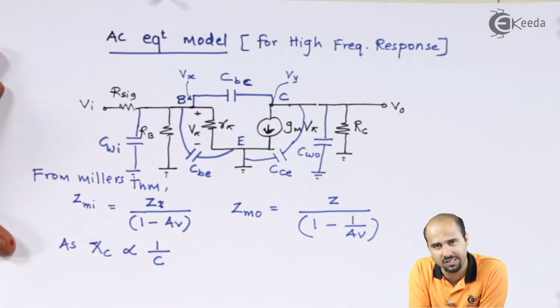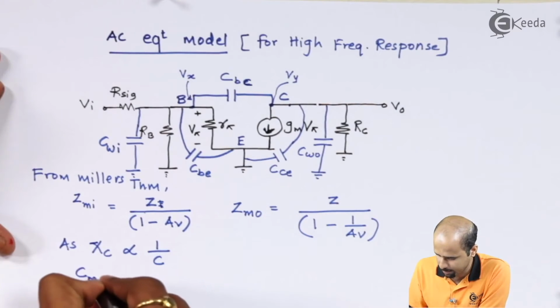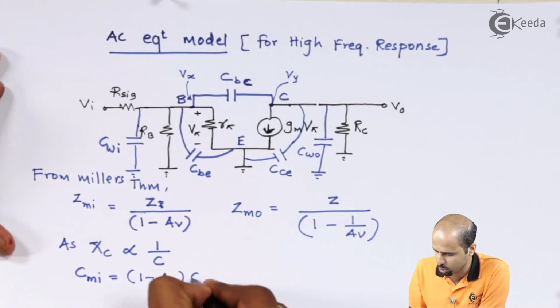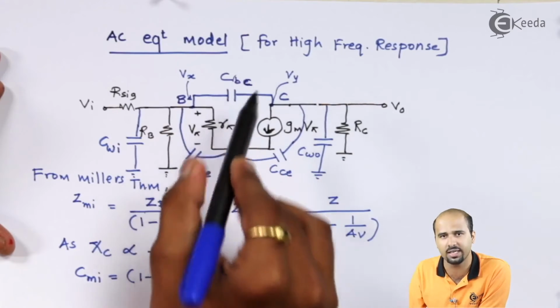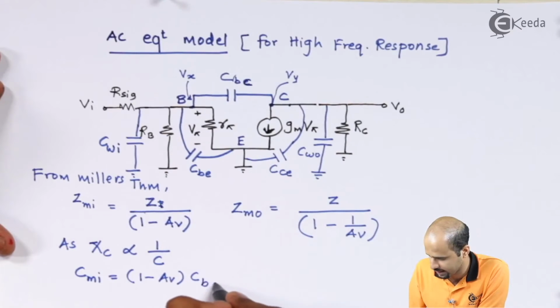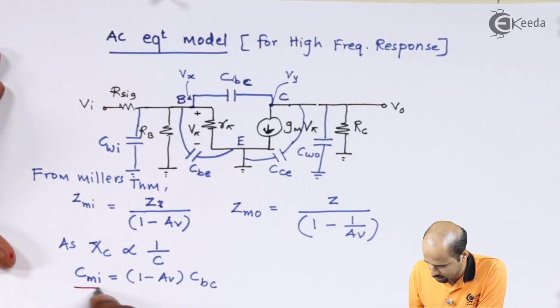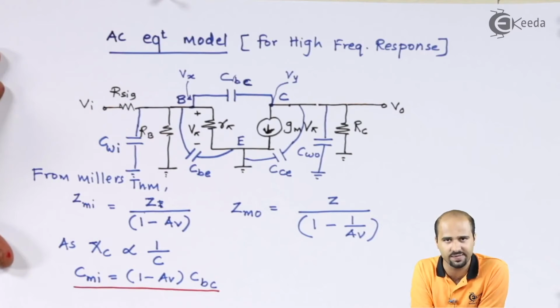So if it is inversely proportional to the value of C, then I will be getting Cmi equal to 1 minus AV into C, and here specifically we will write that it is CBC. So the value is nothing but CBC. This is one of the input Miller's capacitances we have got.